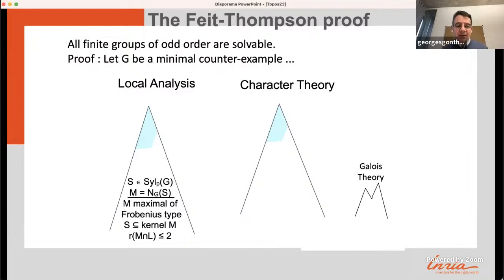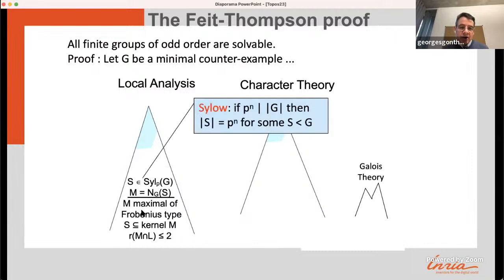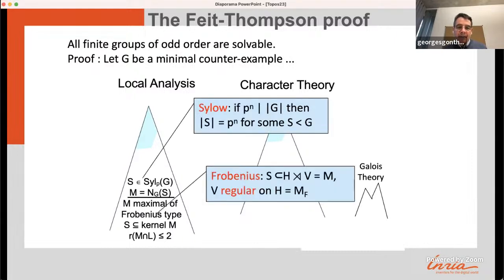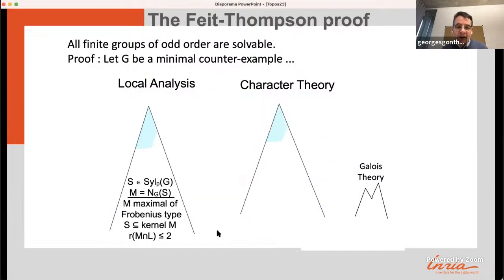The upshot of the analysis is that if you look at the maximal subgroups, the ones that have no proper supergroups except the counterexample itself, then they have a very specific structure of being what's known as a Frobenius group, and I won't get into the details of this.